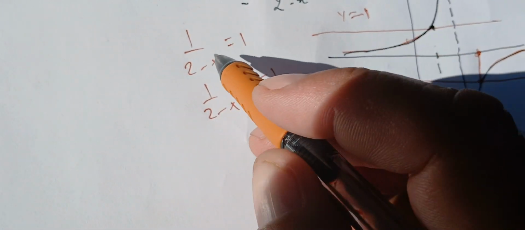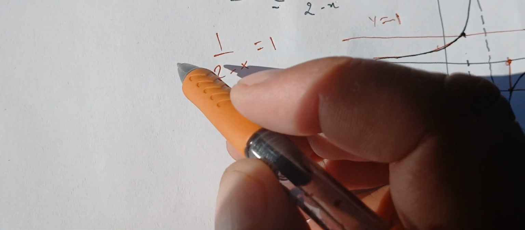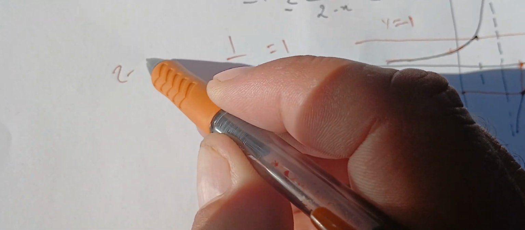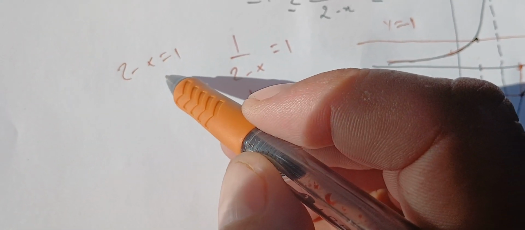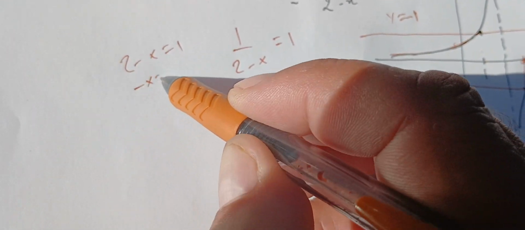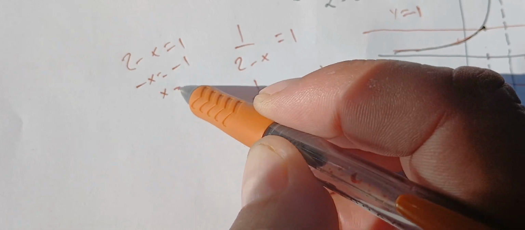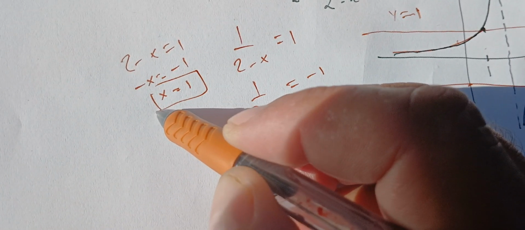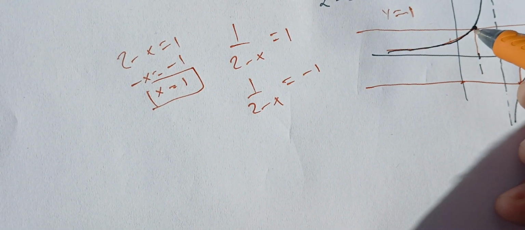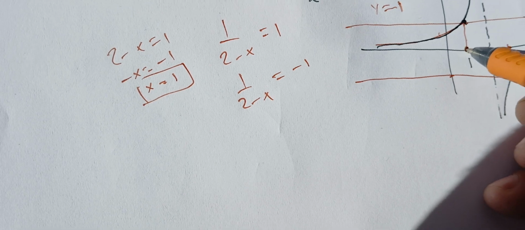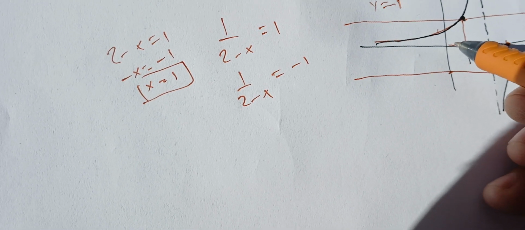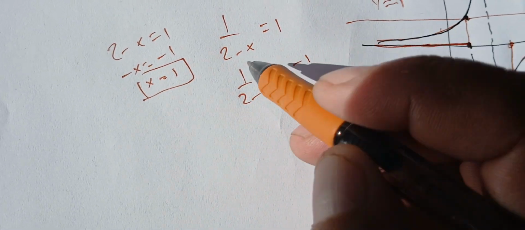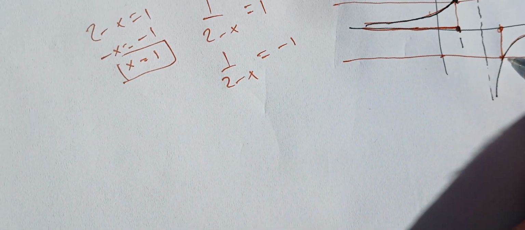Here, if we solve, we're going to get 2 minus x is 1, and if we add minus 2 to both sides, we get x is 1. Okay, so this is x equals 1. I need all these values here. And the other one, I need to have minus 1.